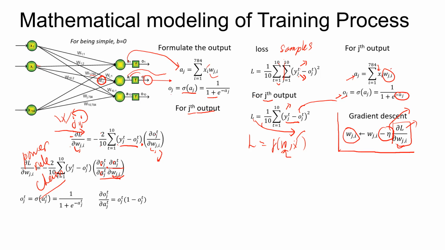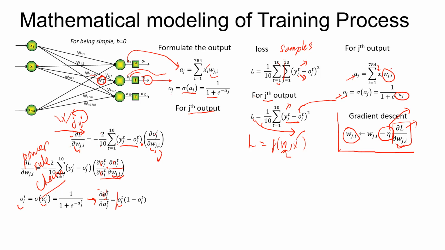For calculating this derivative, because ot is the sigma function with input at, by calculating we can obtain that the derivative of ot with respect to at equals ot times 1 minus ot.